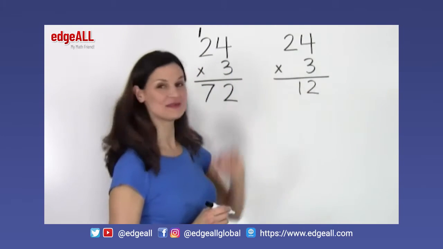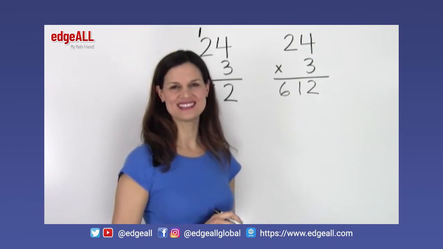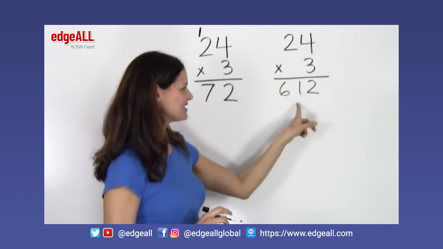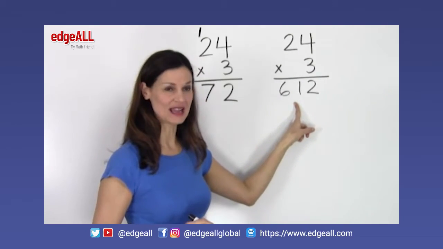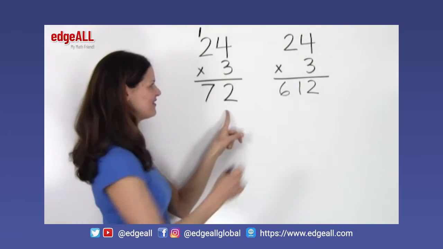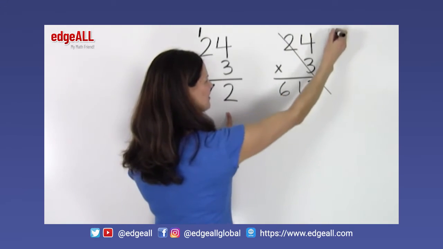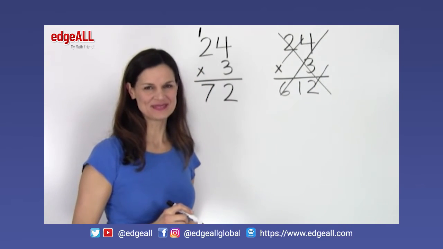And then I said, oh, 3 times 2 equals 6, and I wrote my answer here, 6. You can see that the answer that I get here from not regrouping and doing this problem wrong is very different than the correct answer of 72. So we don't want to do our problems like this. We don't want to forget to regroup.